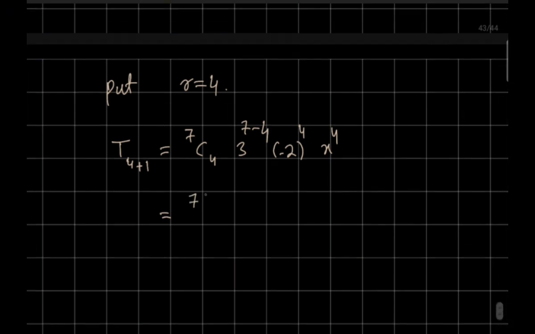This is 7! over 4! times (7 - 4)!, and this is 3^3, and this is 2^4, because when the power is even the negative disappears.